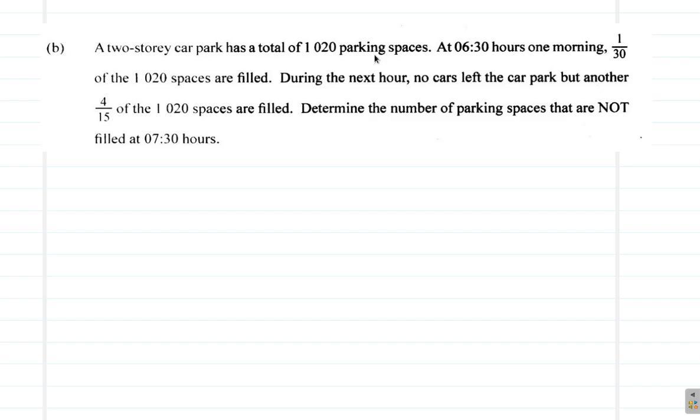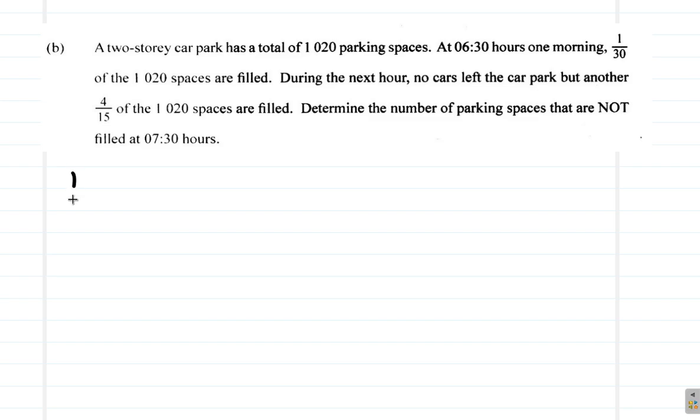Alright, that's 7:30 hours. Now, here, 1/30 of the parking spaces are filled. So you need to find out what is 1/30 of 1020, and you will get a number.